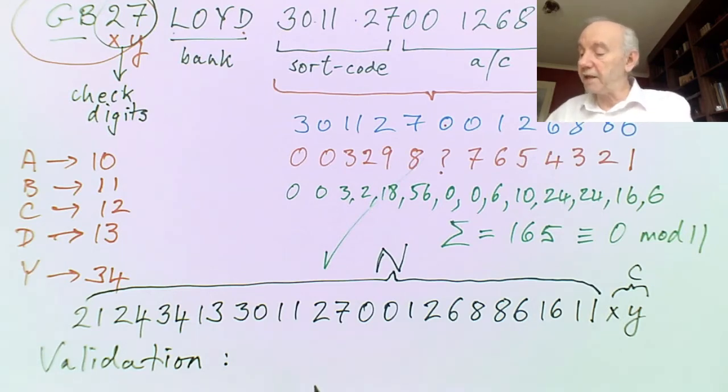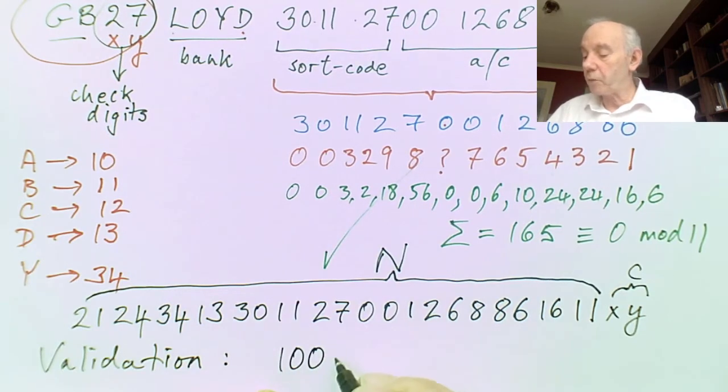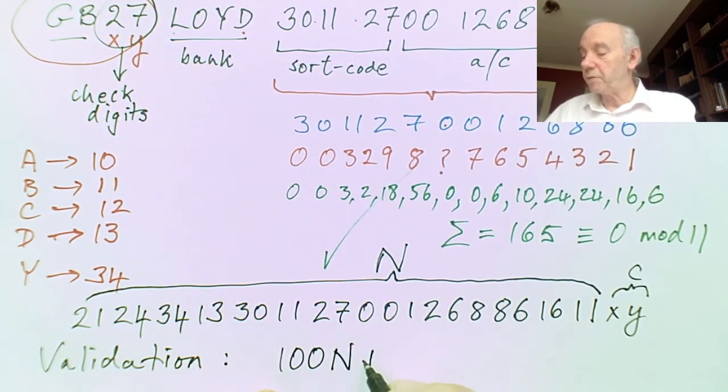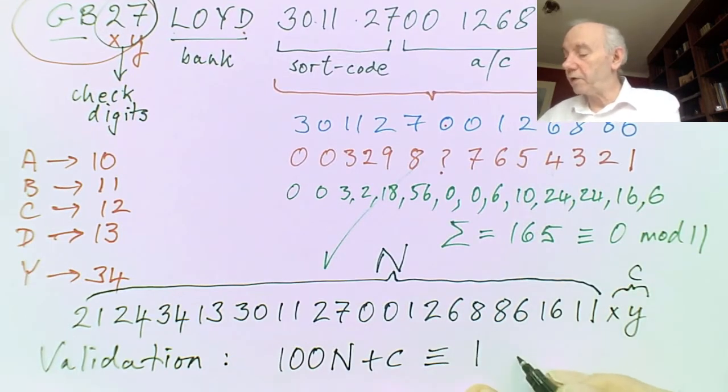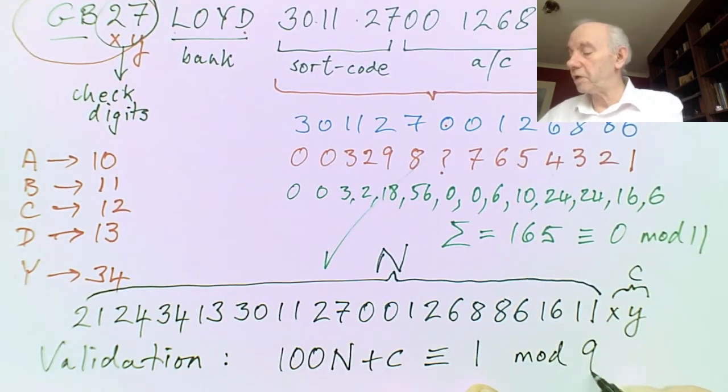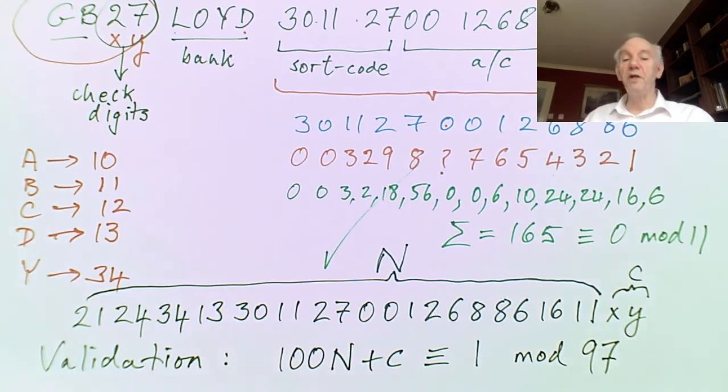Well, another way of saying that is that since this number really is 100n plus c, we want 100n plus c to be congruent or equal to 1 mod 97. Now, the reason for using 97 is it's almost as big as 99, so it will give us almost 100, little, give us 97 possible check digits, but it's a prime number, and that's important.